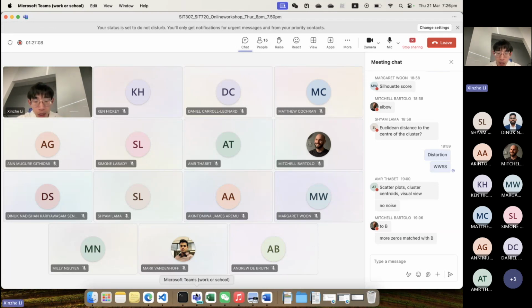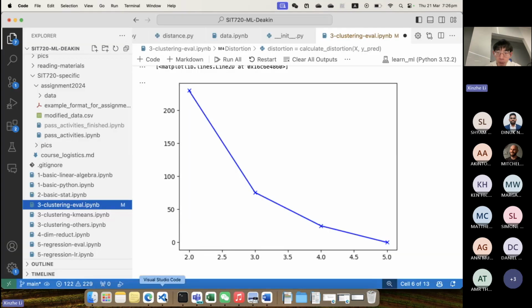Let me repeat the question. What's the elbow plot? You have the values of the hyperparameter, and then you use this hyperparameter. Okay, I use K-means with the number of clusters specified as 2.